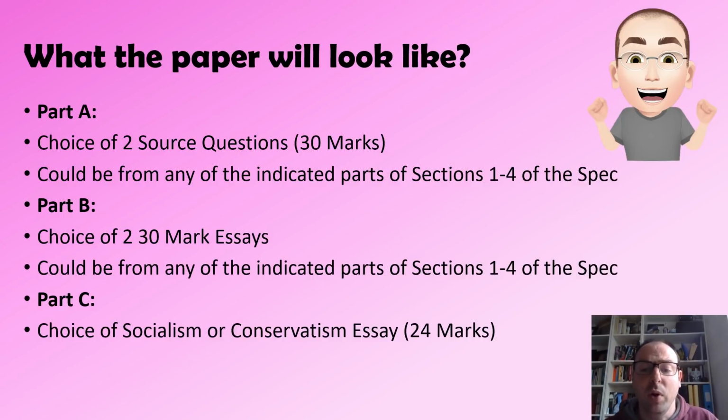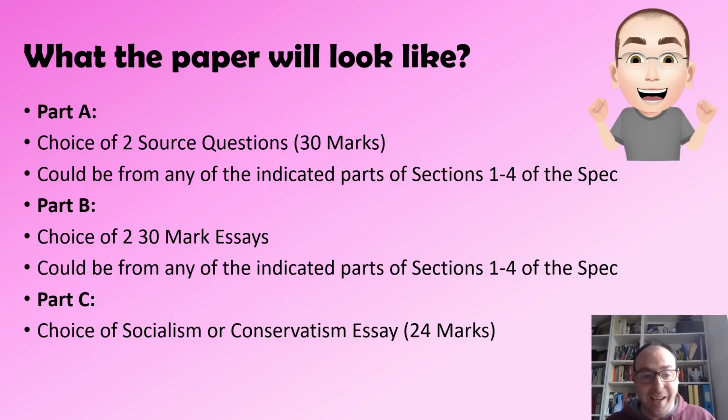So first of all, what will the paper look like? Well, as ever, you will have the 3 parts of the paper. In the first part you'll have a choice of 2 source questions, and these could be from any of the indicated parts of sections 1 to 4 of the spec, and we'll look at what sections have been highlighted out of those sections.